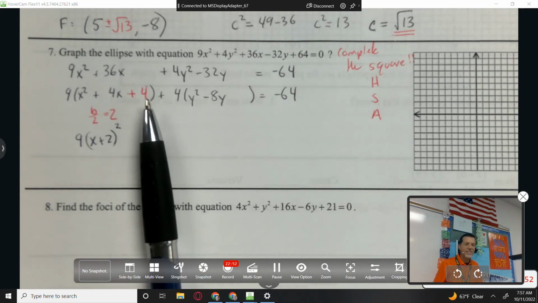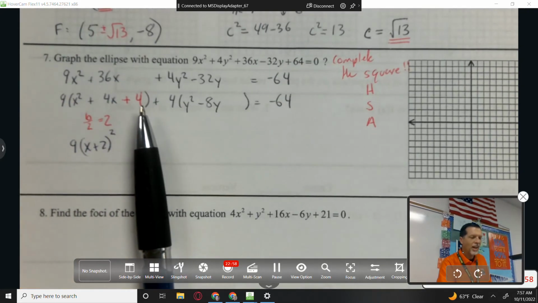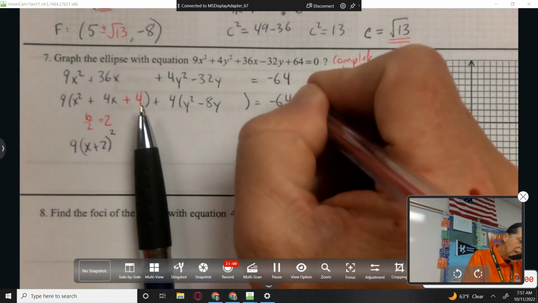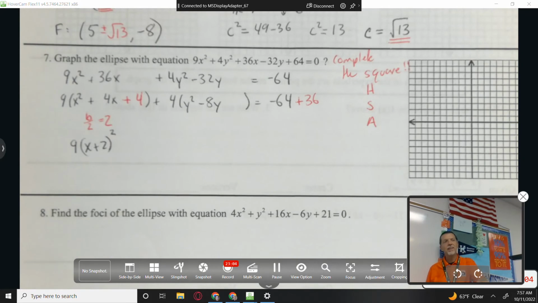You need to show that 9. So I wrote plus 4, but when I put the plus 4 there, I have to account for that 9, so I really added 36 because of the 9. So half it, square it, add it, but be careful when you add it, because you didn't really just add 4. You wrote plus 4, but you added 36.